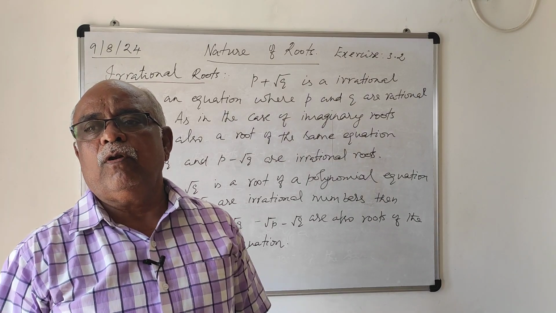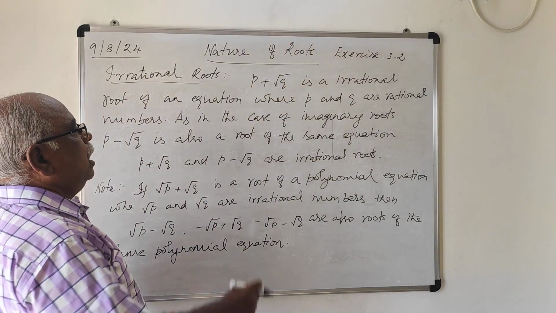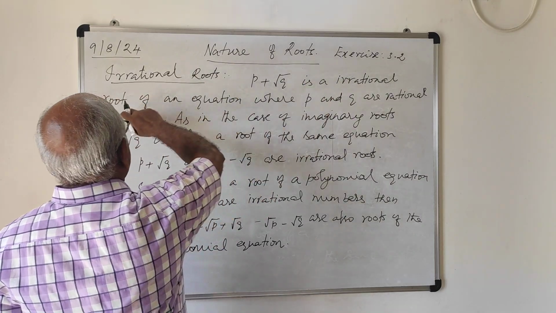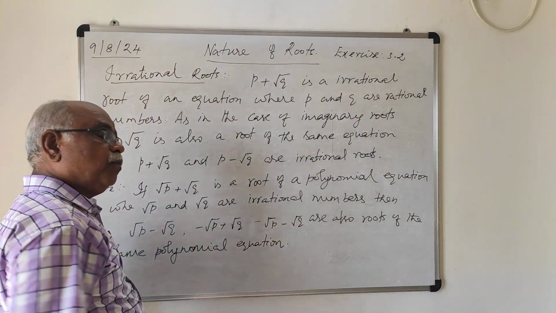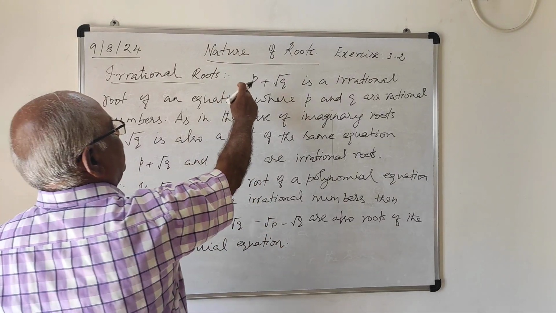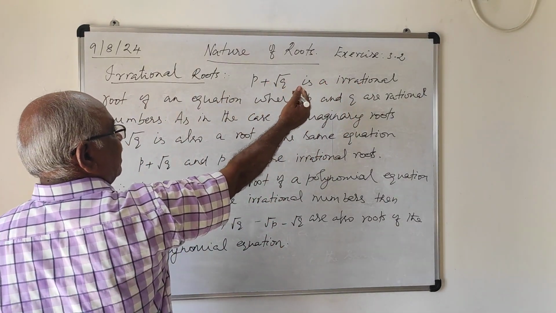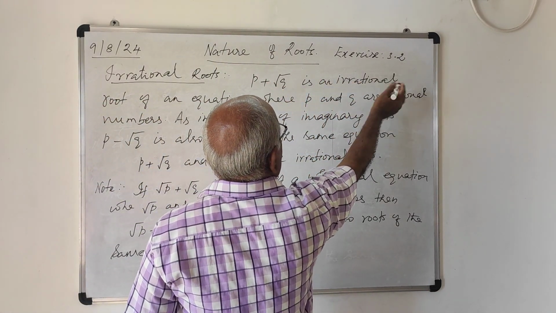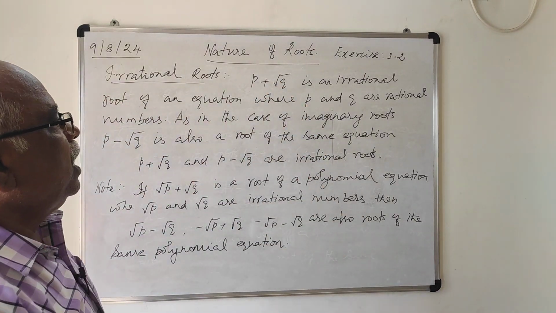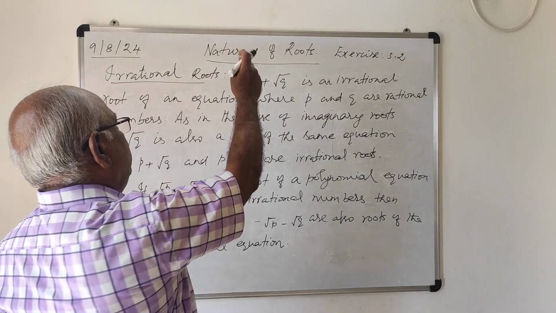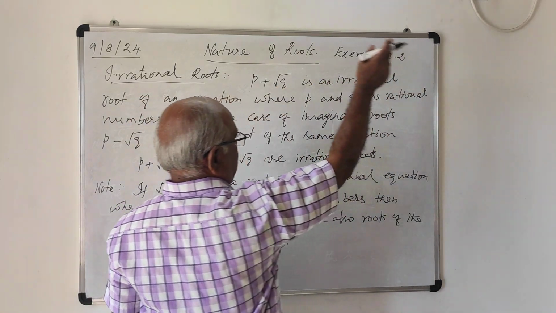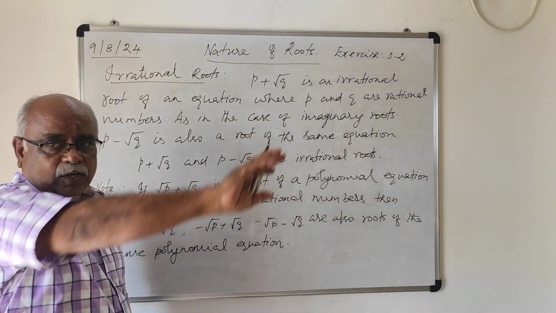Irrational roots of a polynomial equation. Suppose p plus root q is an irrational root of an equation or polynomial equation, where p and q are rational numbers.